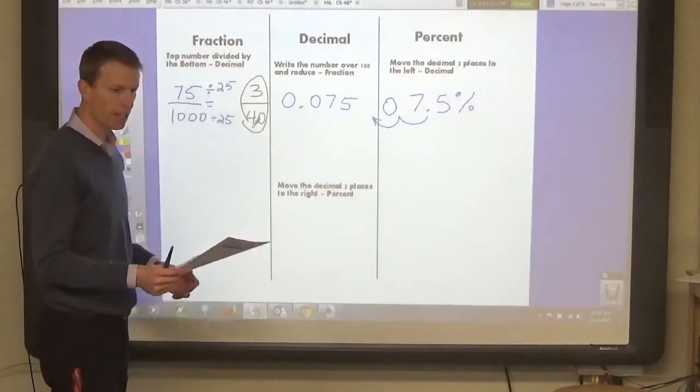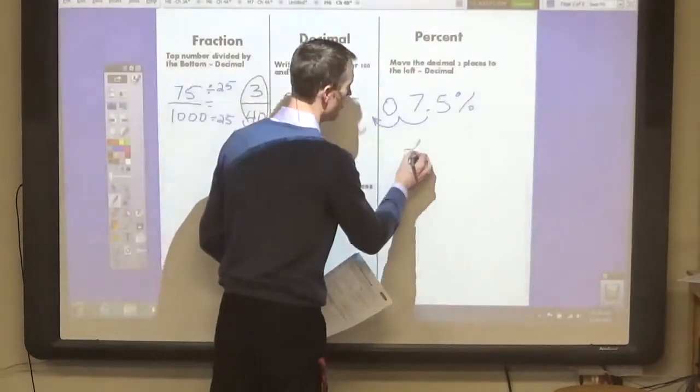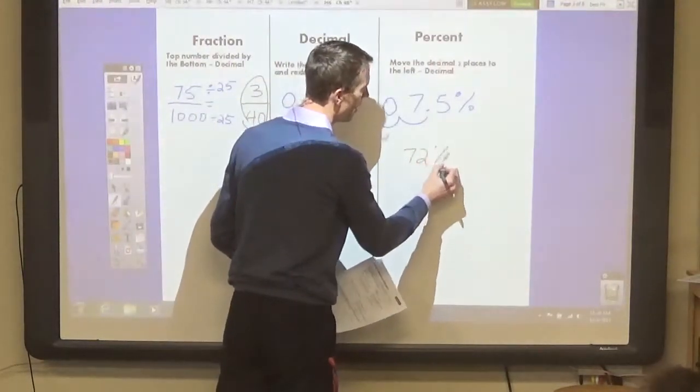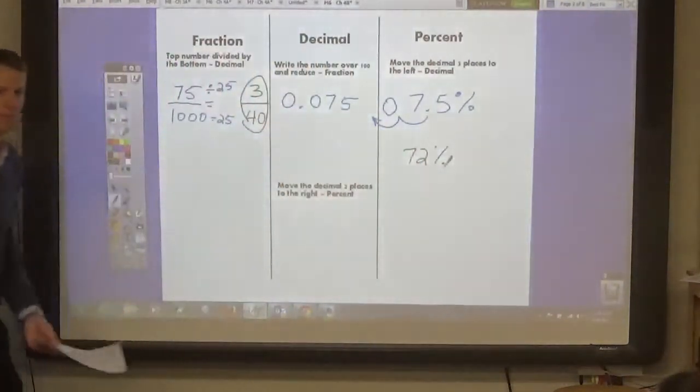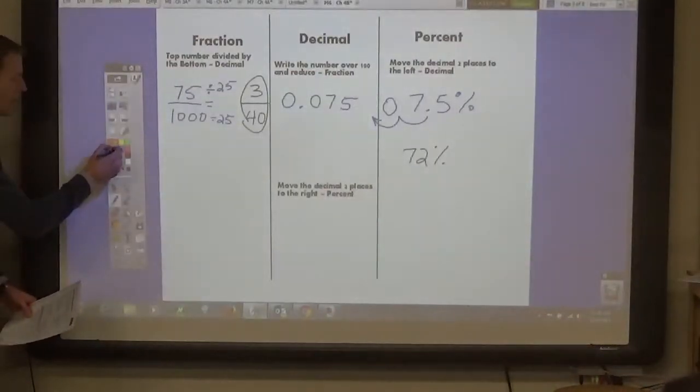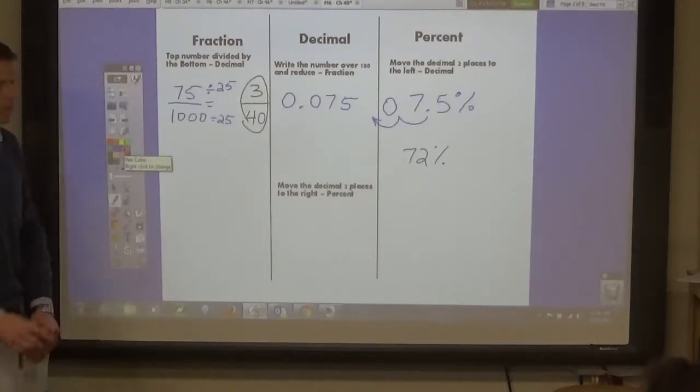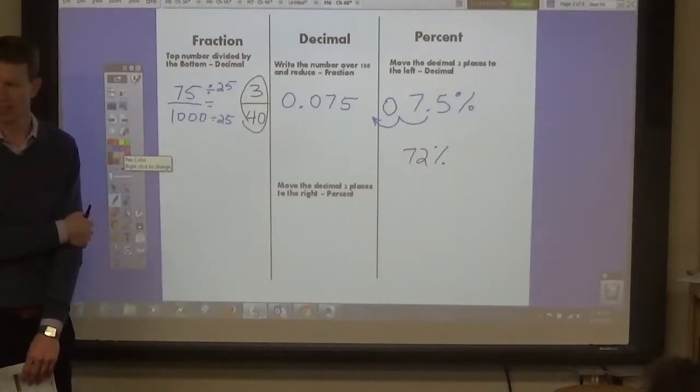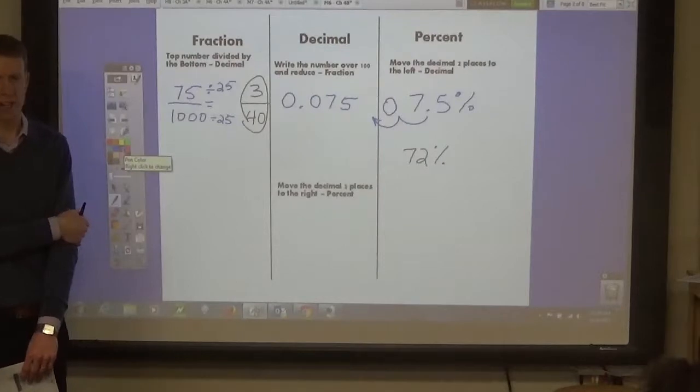How about 72%? Let's do number 1 together. What would this be as a decimal? So follow the same pattern with the arrows.